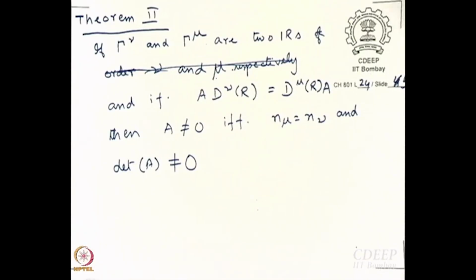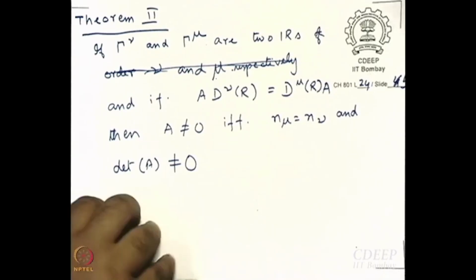For all R's, then A is non-zero if and only if the two dimensionalities are the same and det A is non-zero. Okay. And since we are writing A here, that is a hint that this A also has got something to do with the A that we used earlier, right.